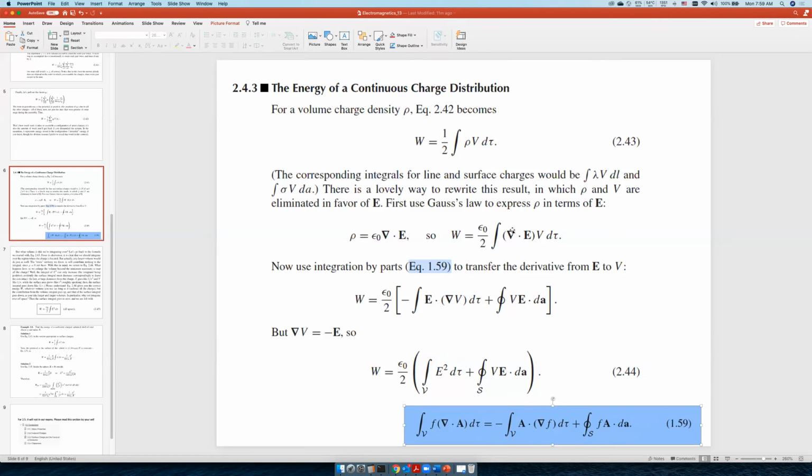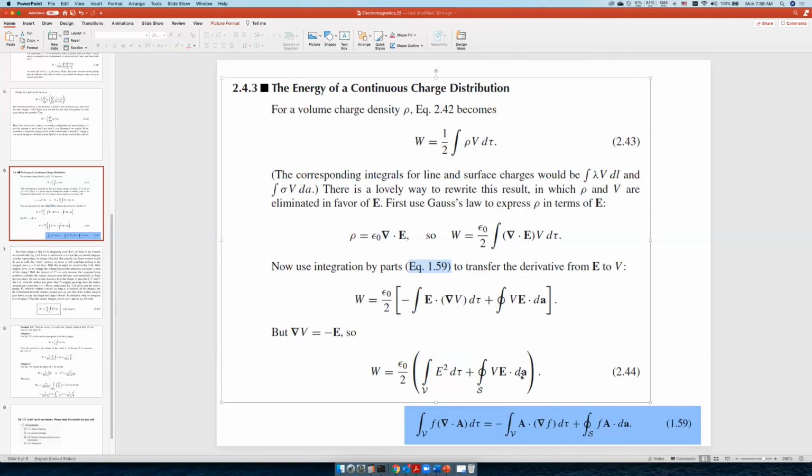So you turn this one term into those two terms, and del V equals negative E. So here del V can be replaced by negative E. So it becomes epsilon 0 over 2, first a volume integral of E squared d tau plus a surface integral of V E dA. Once you get this equation, this is the same work you need to assemble a continuous charge distribution.